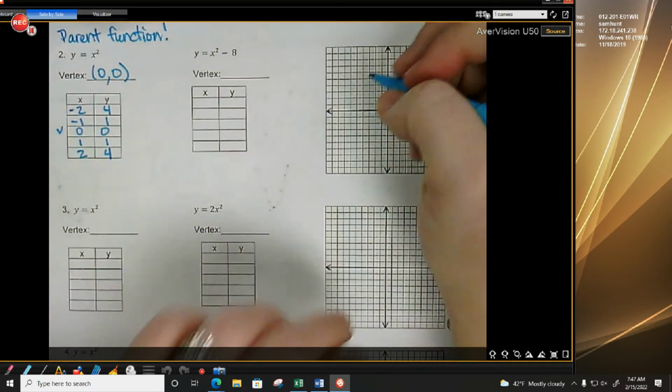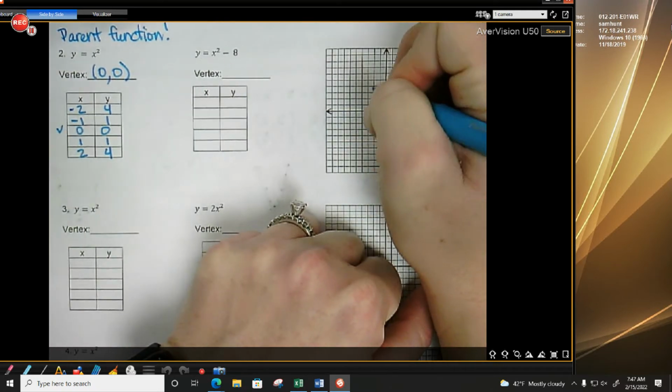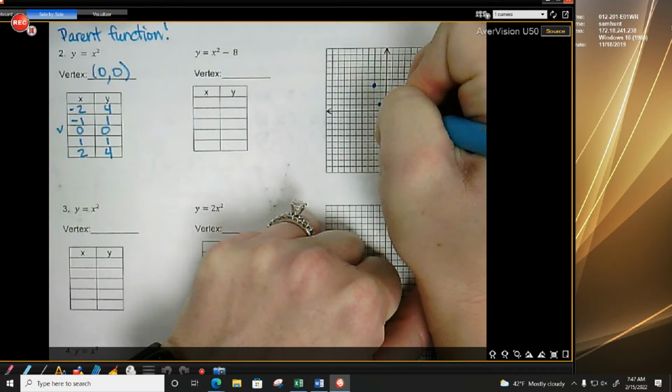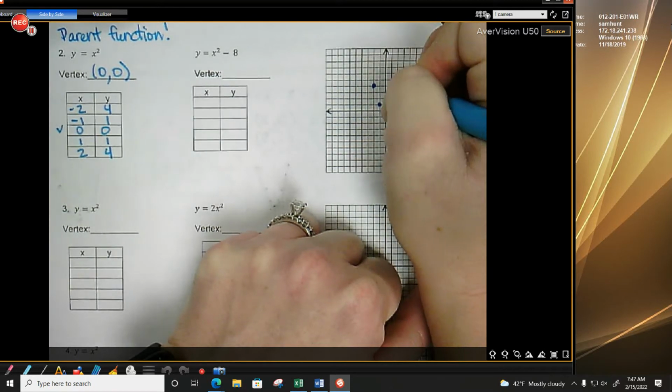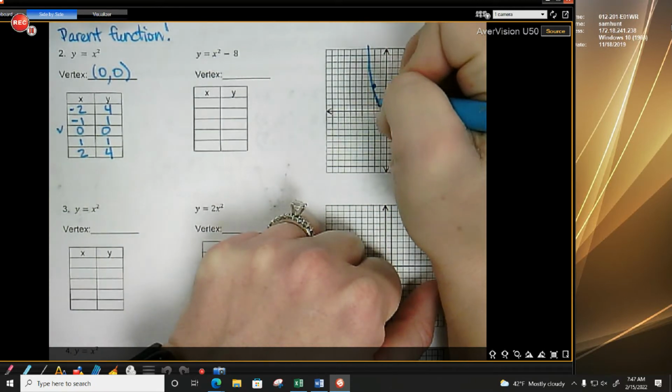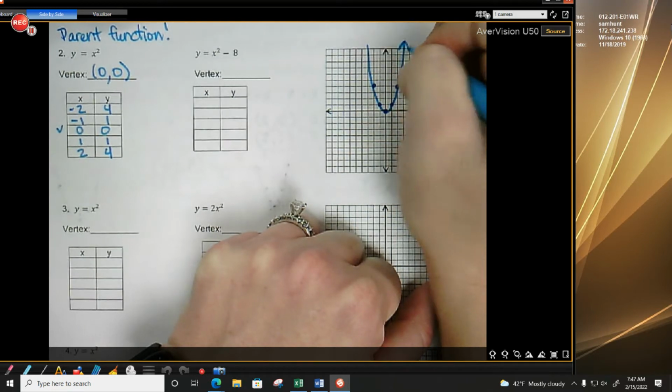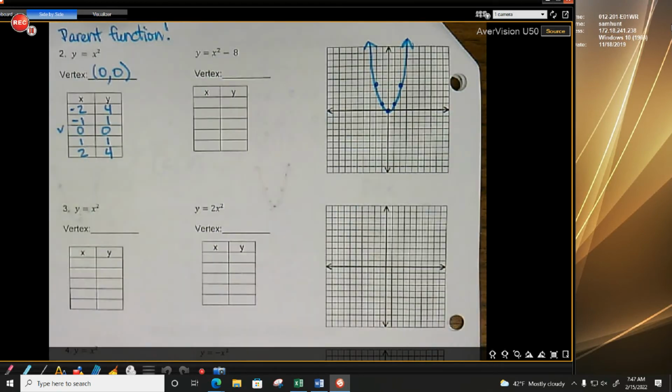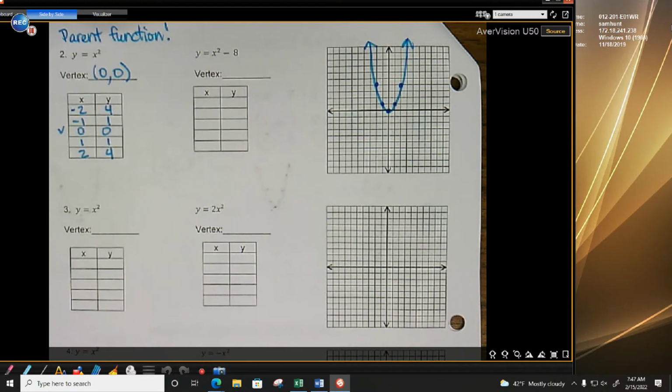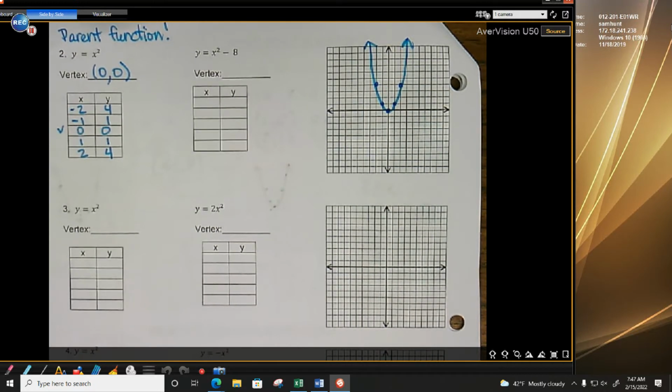Yes. Guys, did I graph that super quick? Yes. However, that is literally the same exact function we graphed on the front page. Okay? Because it's my parent function.